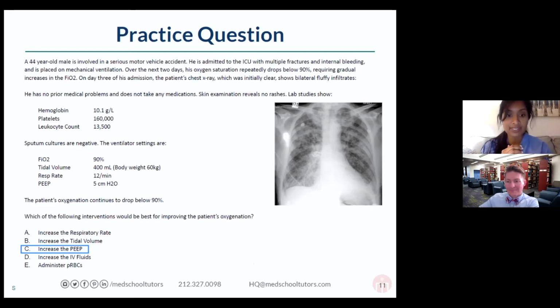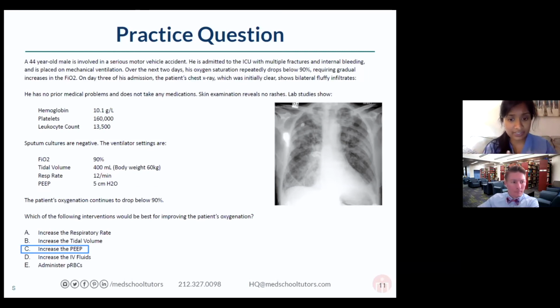It's extremely high, and it's kind of optimized to maximize oxygenation. PEEP, however, is only at 5, and as we saw, you don't really get diminishing returns until you're up around 15 plus. So for that reason, the correct answer is to increase the PEEP, as many of you have already accurately pointed out. That's how I work down this algorithm to get myself to the right answer.